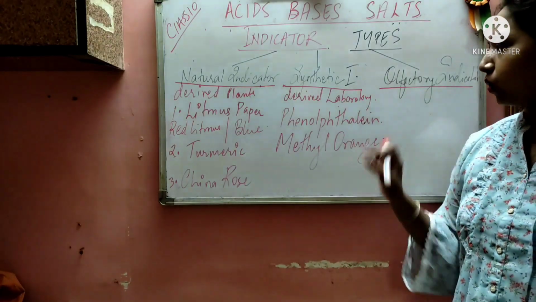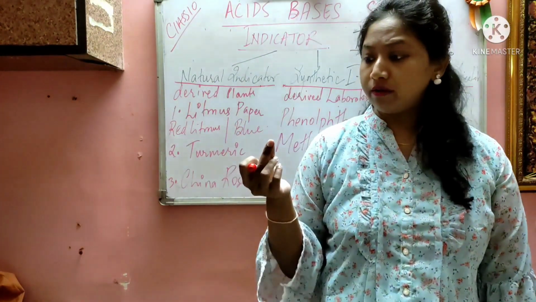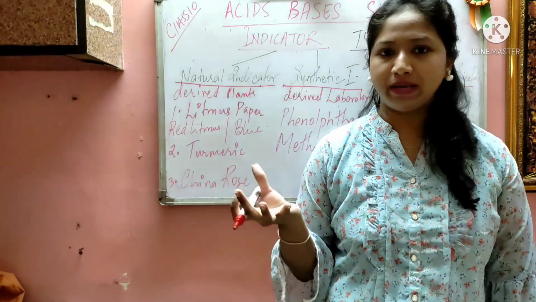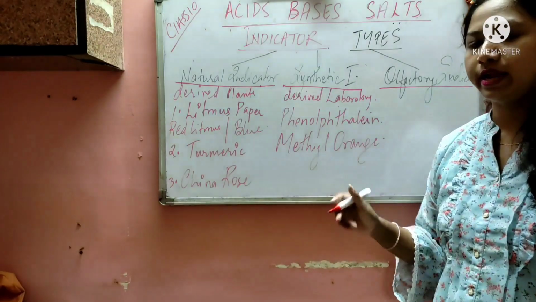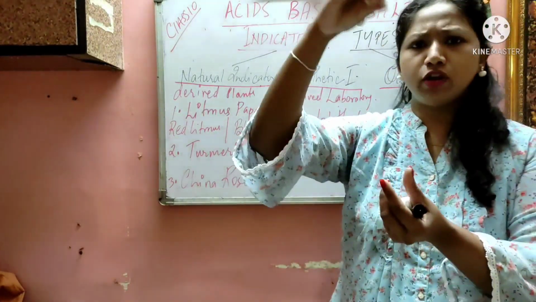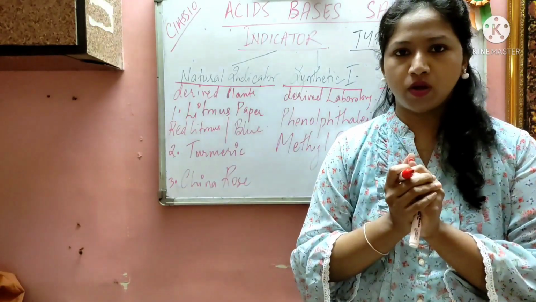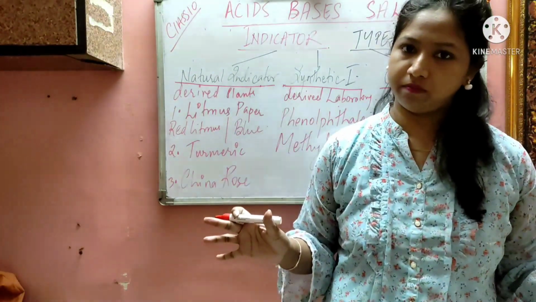Phenolphthalein is a chemical substance, a synthetic indicator. Methyl orange is also an indicator. If you take an acid and add phenolphthalein into it, it remains colorless in acidic medium.